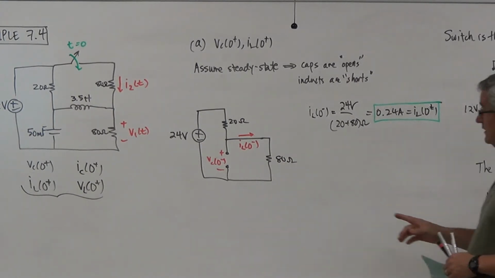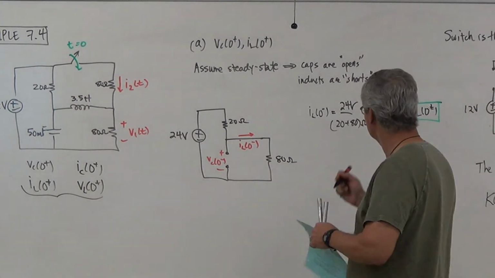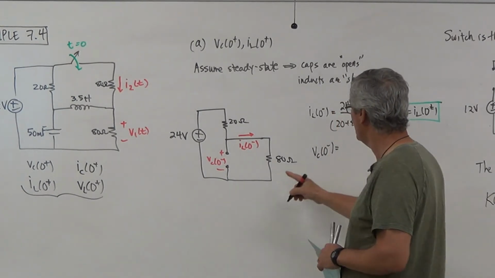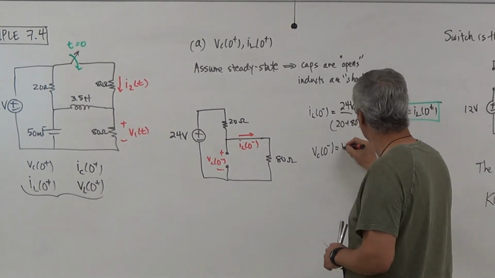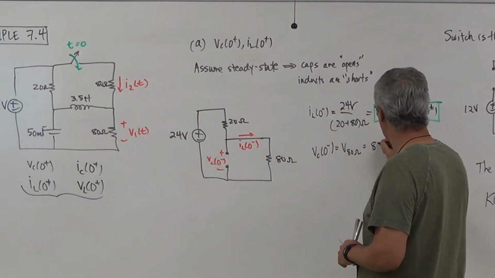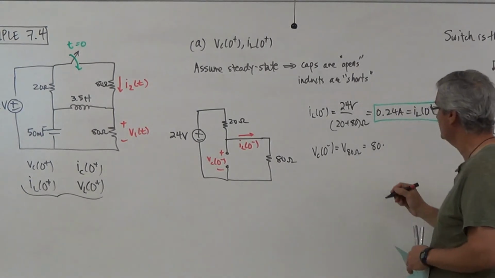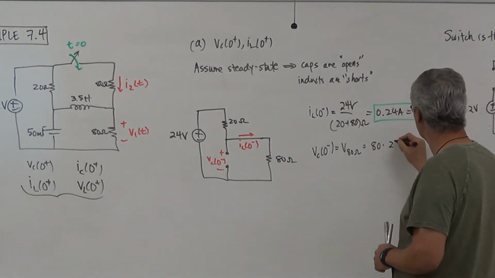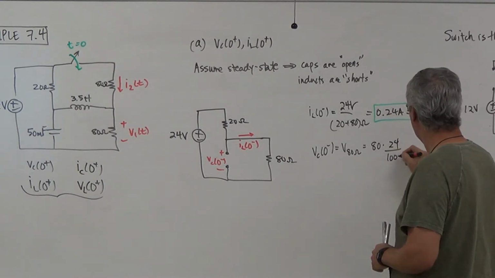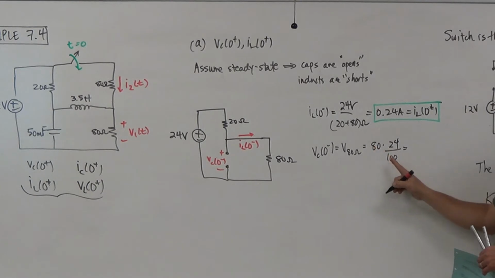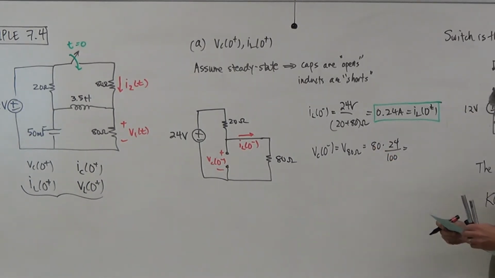Then if I look at the voltage of the cap, as we did before, we know that's the voltage across the 80 ohm resistor. So it's got to be 80 times the current in the circuit. Actually, I'm going to go back to this form. So I should get 24 over 100, which gives 2/5, 48 divided by 5.